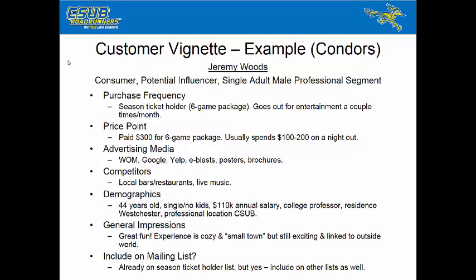If I get an email in my inbox from Groupon or from some list server that I signed up for, I'll pay attention to that. If I see a poster around campus or around downtown somewhere, I'll pay attention to that. And if I get a brochure in my regular mailbox, I'll pay attention to that.